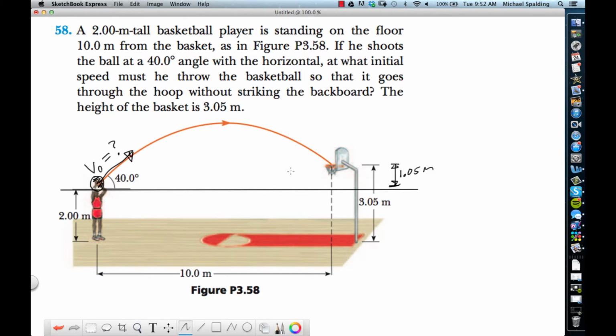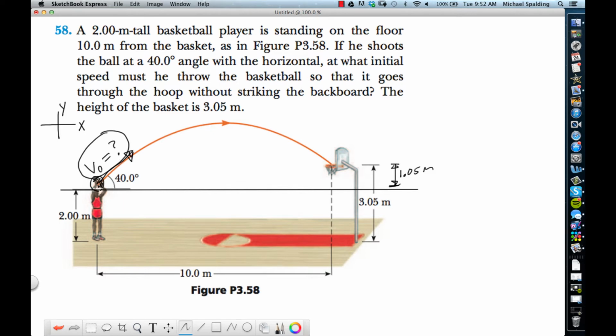The thing we're solving for is the initial velocity of the basketball. Is the initial velocity perfectly x? No. Is it perfectly y? No. It's at an angle. Now the key for projectile motion, or really for all parts of physics from here, is that you need to separate the x direction from the y direction. So this is a trickier problem, because the quantity we're looking for has both x and y.